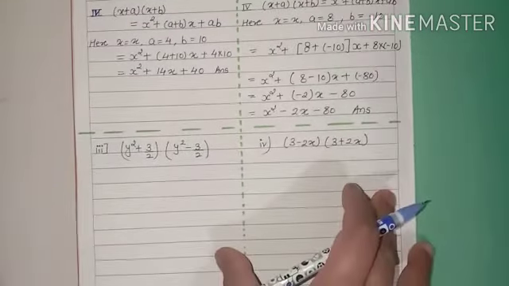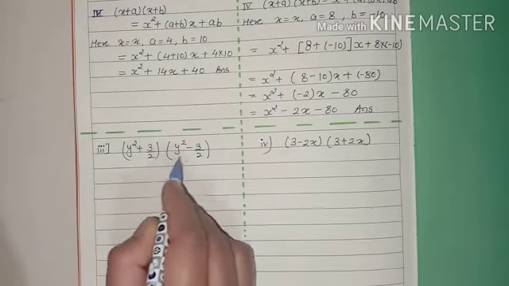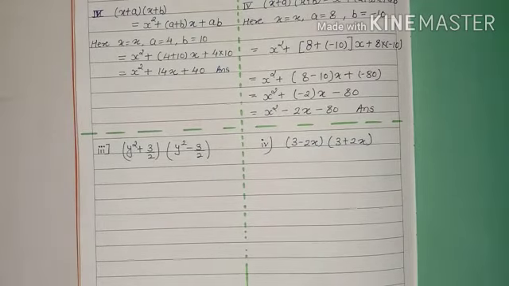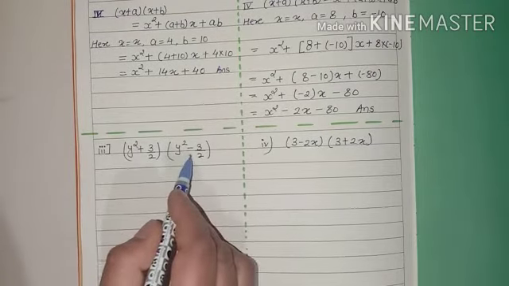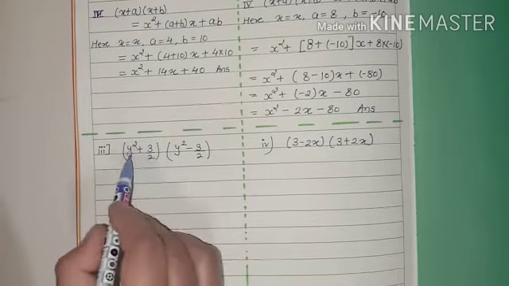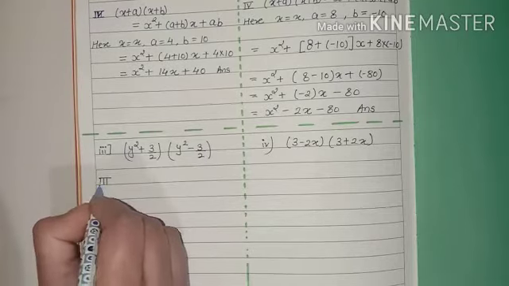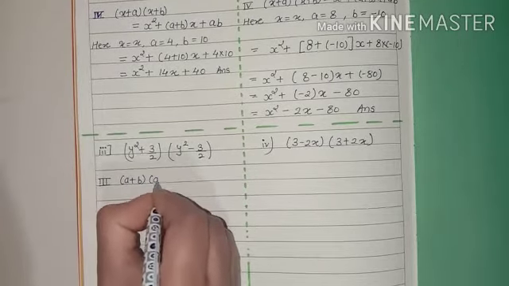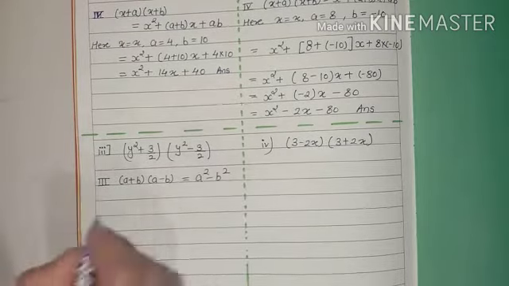Now the third part of this question is (y² + 3/2)(y² - 3/2). Now again you have to think which identity we can use here. There are two brackets, within the first bracket a plus sign, and within the second bracket a negative sign with the same numbers, y² and 3/2. So obviously we can use the third identity, (a + b)(a - b) = a² - b².